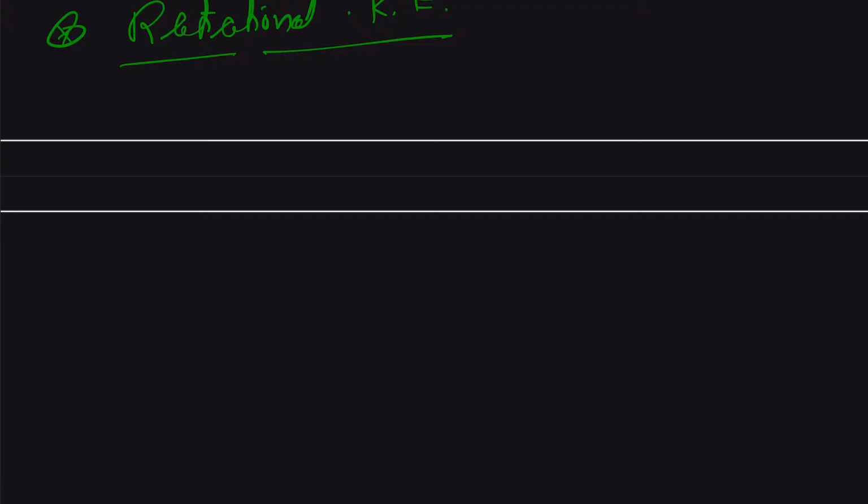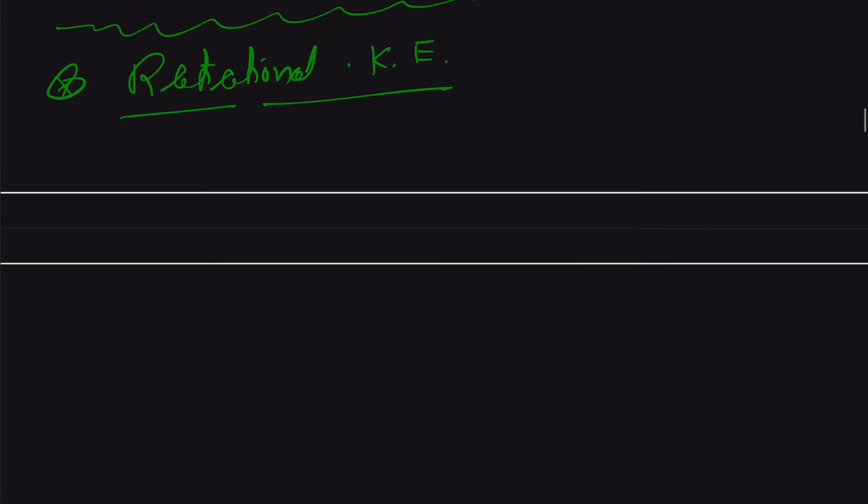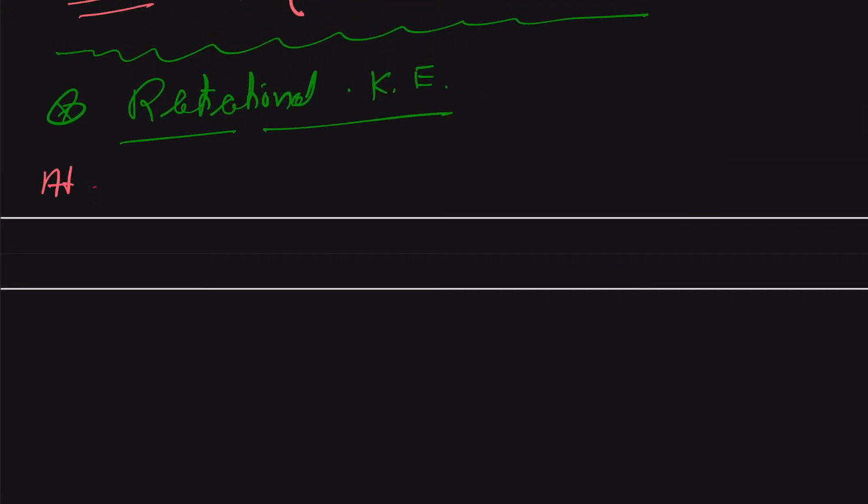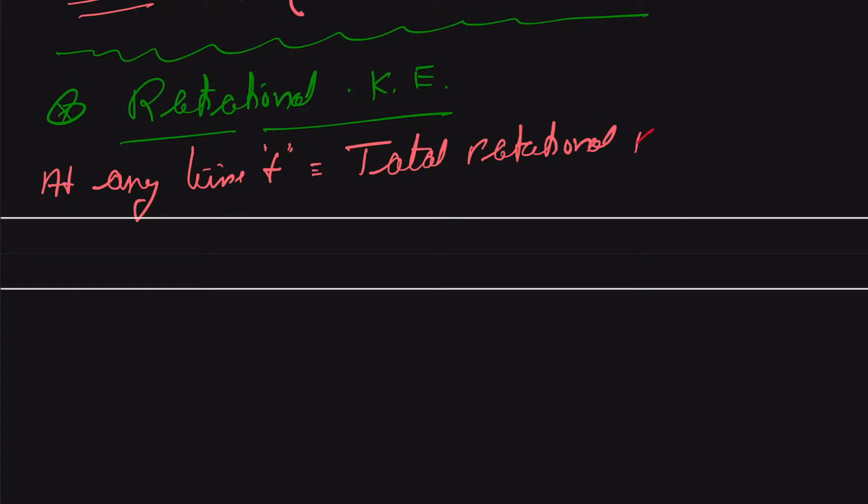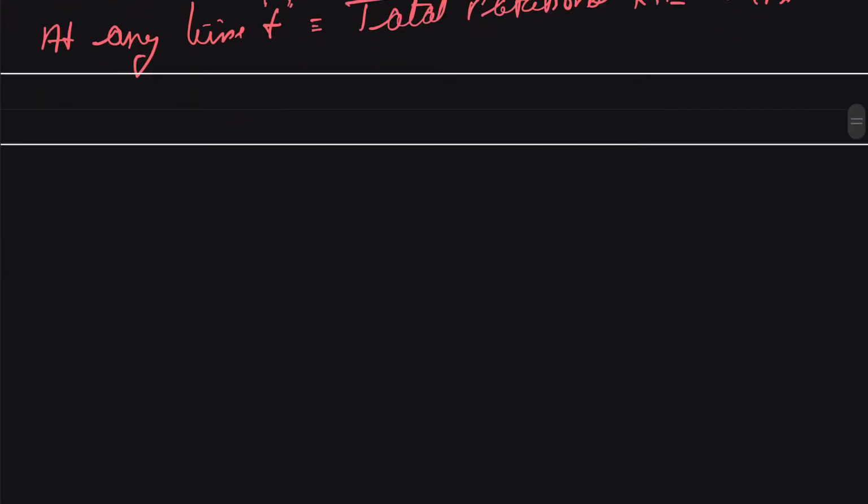We can write that at any given moment of time t, the total kinetic energy of the system will be the kinetic energy of drum A plus kinetic energy of drum B. Okay, that is the total rotational kinetic energy at any time t, and let us suppose we call this k of t, and this k of t will be equal to the energy associated with our drum A plus the energy associated with our drum B.